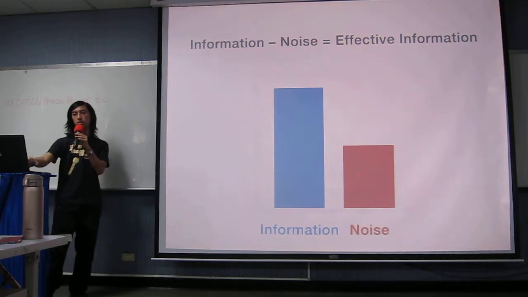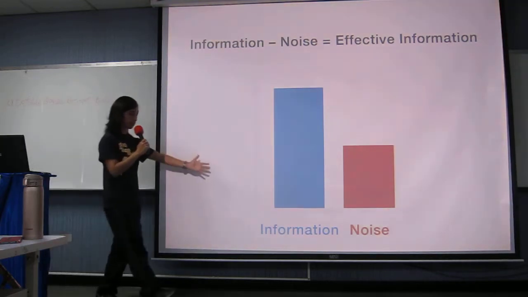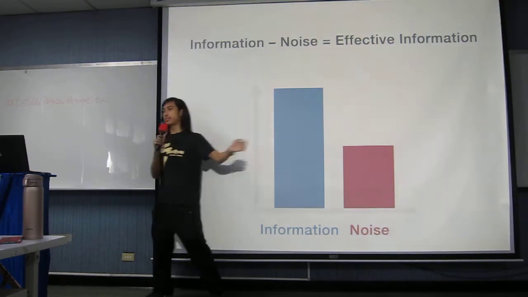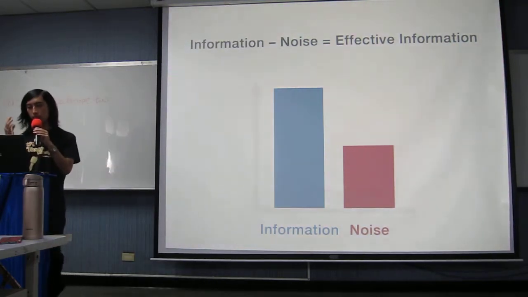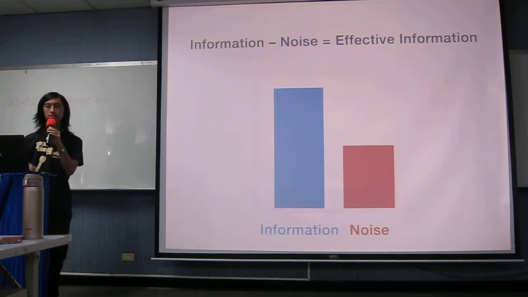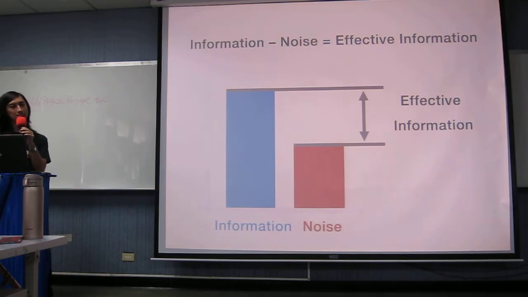So during your speech, the audience will get both the information and the noise. However, interestingly, they will only get the information minus the noise, which is the effective information. For example, if there is annoying background music during the SGD, you can still hear what I said clearly, just like that, right?